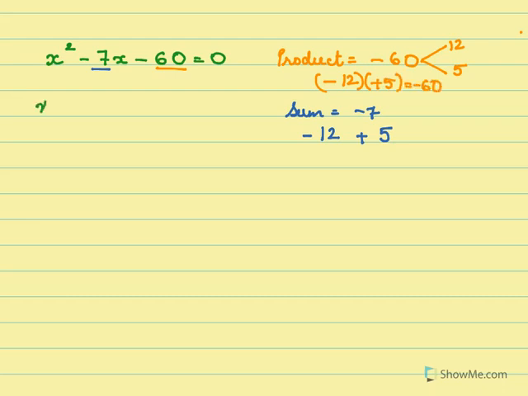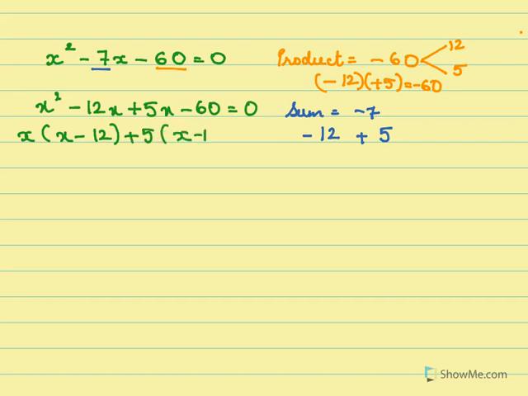So we have x square minus 12x plus 5x minus 60 equals 0. x common out, x minus 12, and here plus 5 common out, so x minus 12 common out, and here what remains is x plus 5.